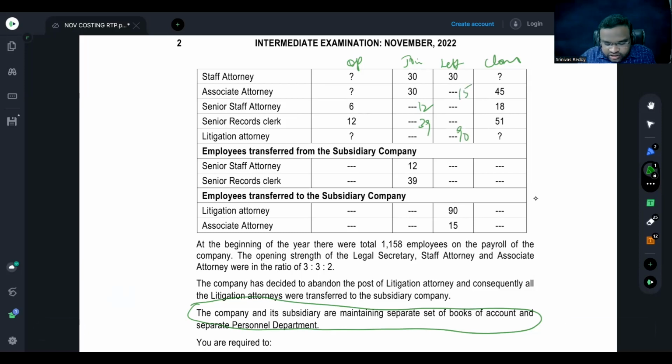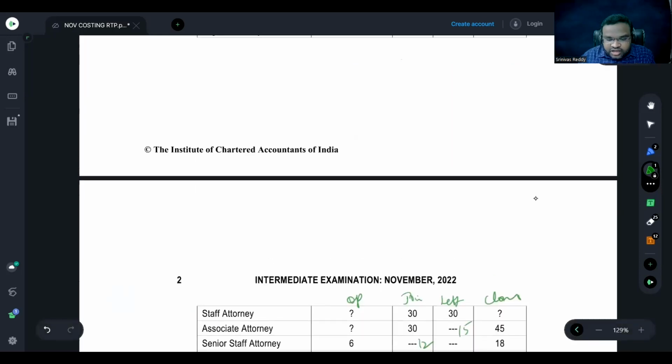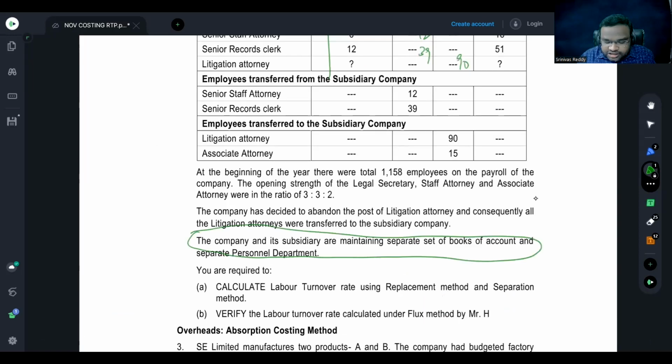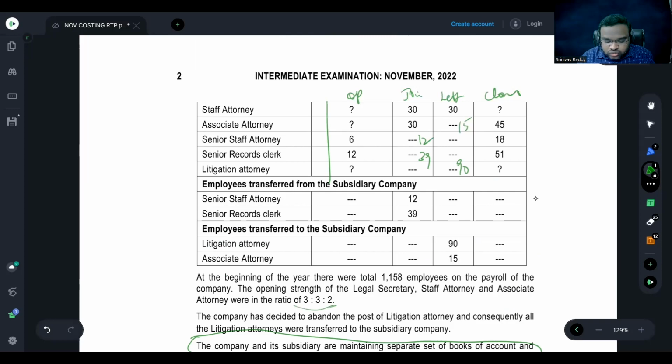At the beginning of the year, there were 1158 employees on the payroll of the company. That means, including all these, I am getting 1158. The opening strength of the legal secretary, staff attorney, and associate attorney were in the ratio of 3 is to 3 is to 2.